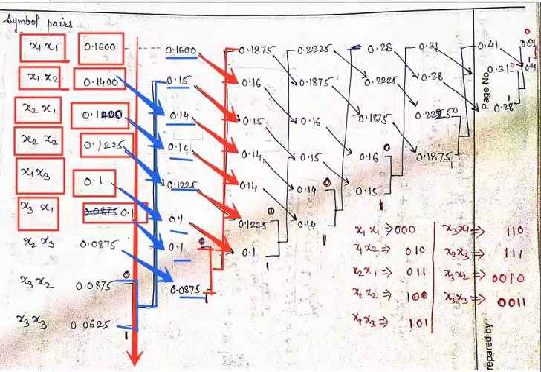In the next stage, again select the lower two probabilities. These two probabilities will be selected. Their addition is nothing but 0.2225. So this is the value which we are getting. This is obviously greater than the topmost value, that is 0.1875.